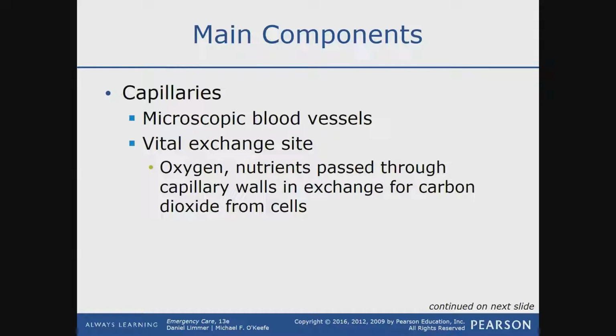Once that blood reaches the tissues, that O2 is let go to feed the tissues, and then the CO2 is picked up and taken back to the heart and the lungs. But the capillaries are where both the veins and the arteries meet, both in the alveoli and tissues, and that's where gas exchange occurs.